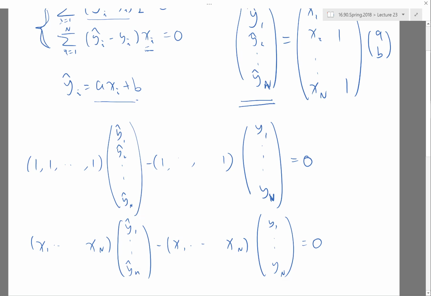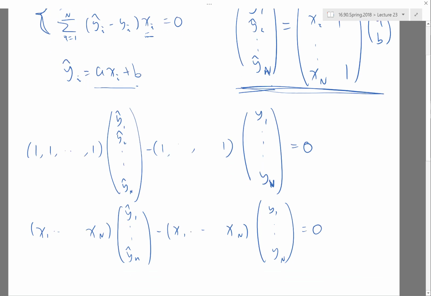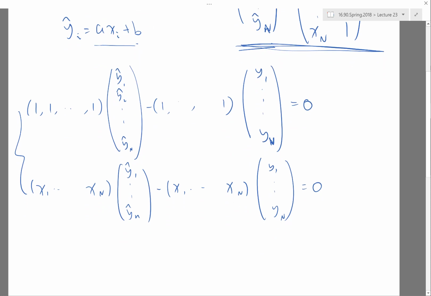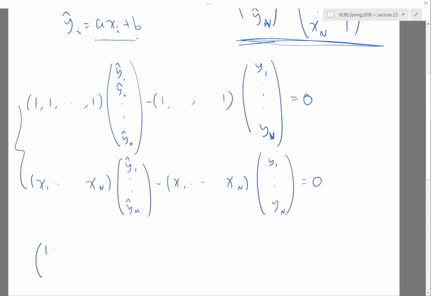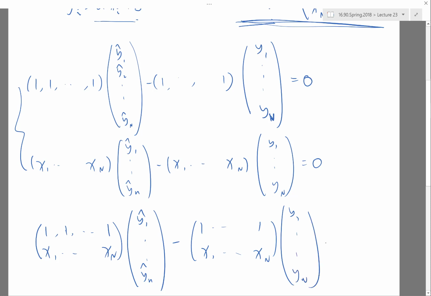Now do you see where I'm going? These y hats are already represented in matrix form, right? And these two equations can actually be combined into the rows 1, 1, 1 and x1 to xn, times y1 hat to yn hat, minus the same thing, x1 to xn, times y1 to yn, equal to 0.